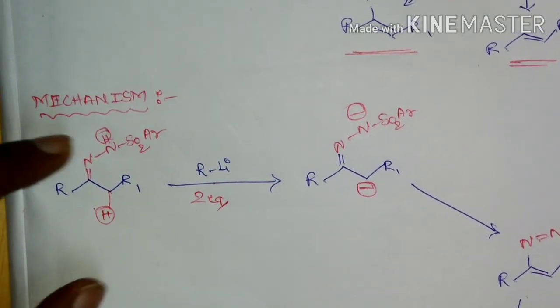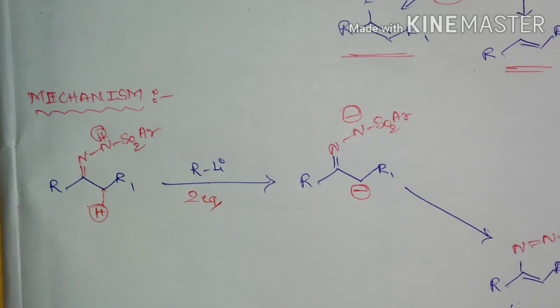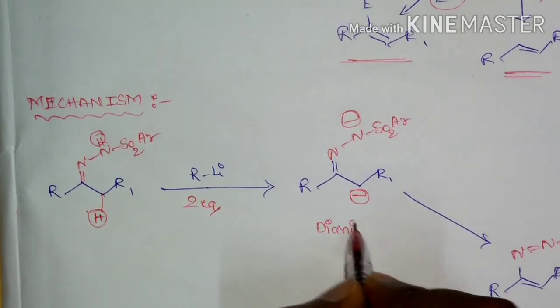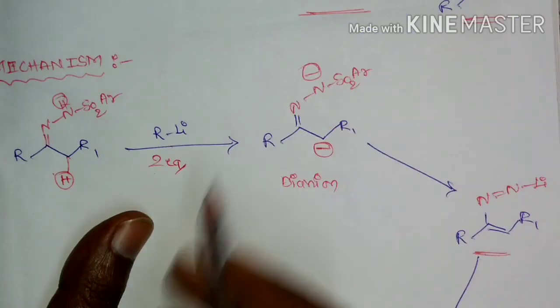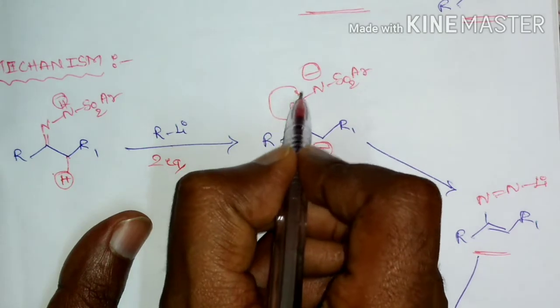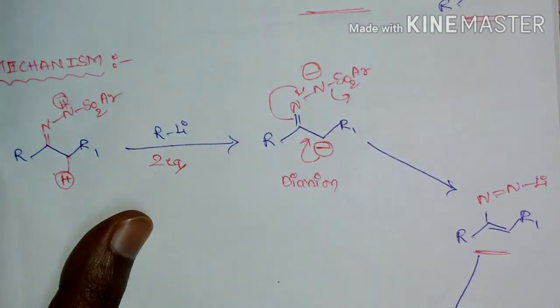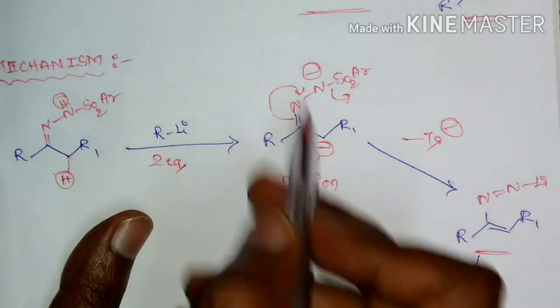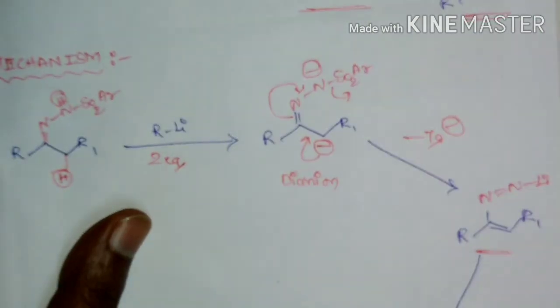So simultaneously these two protons will be lost and it is going to form a dianion intermediate. This dianion intermediate will now lose the tosyl group. So there will be loss of this tosyl group, and a simultaneous shift of electrons will take place.